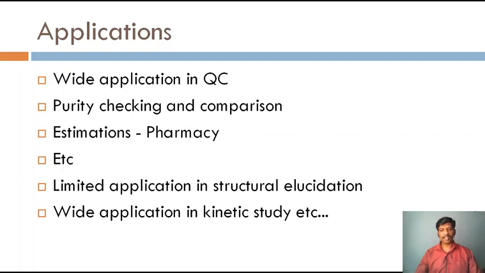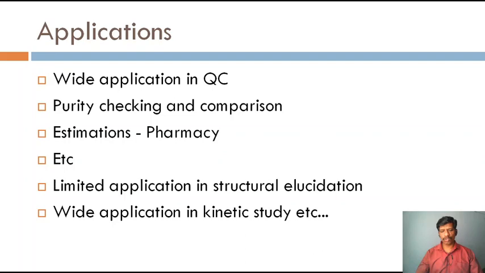In kinetic studies, I don't say all, but most of the kinetic studies, researchers use UV visible spectroscopy because with respect to time, the concentration of the reactant will decrease in any kinetic study. The extent and the rate of decrease in concentration can be easily observed by UV visible spectroscopy.